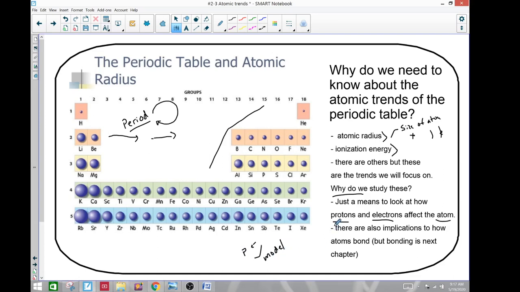But there are also lots of implications in bonding, which we'll see in the next chapter. And as you move on, the size of atoms really matters in organic chemistry, as far as why one reaction happens or another doesn't, and how vigorously they happen. So there's lots of stuff involving sizes of atoms.